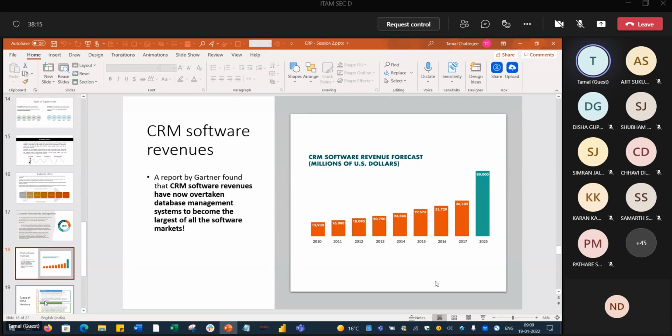It was 13 in 2010, and it is expected to be 80 in 2025. 13 to 80 in 15 years. That is the growth, 5 times in 15 years, which is basically havoc. So CRM is growing like this in the market.